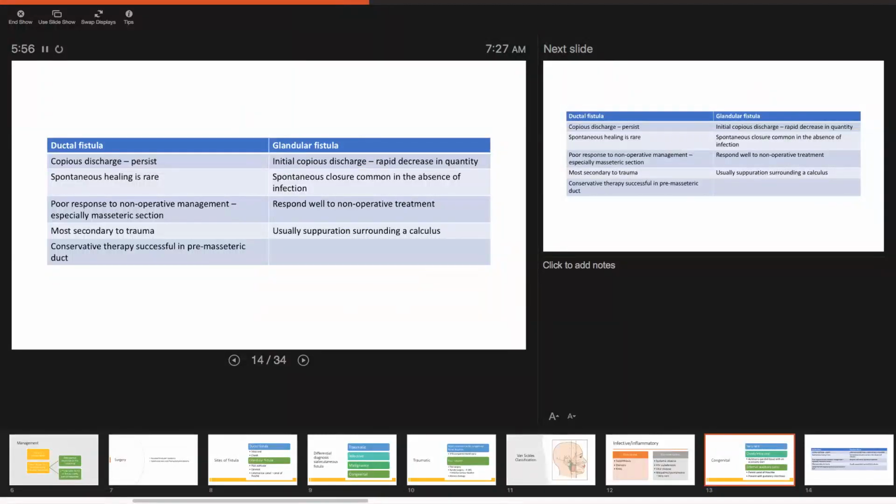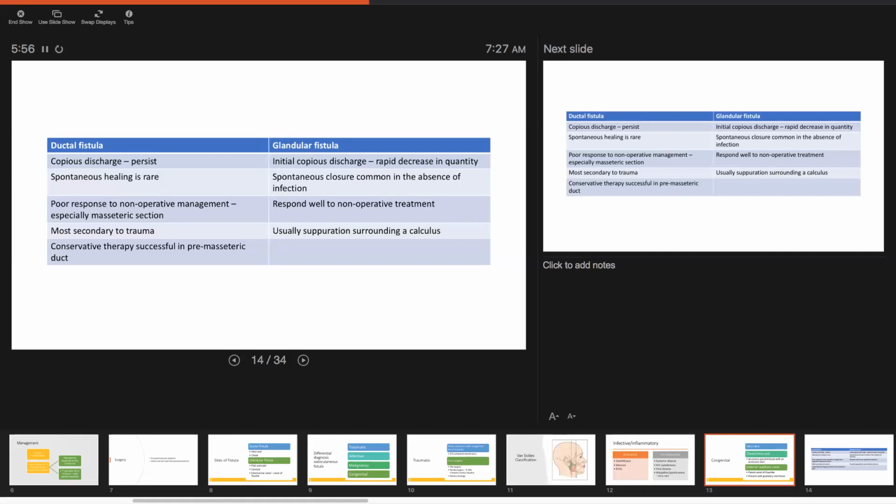Differences between ductal and glandular fistulas clinically: ductal usually has copious discharge that persists, and glandular fistulas usually have initial copious discharge and then rapidly decrease in quantity over time. Ductal usually don't heal spontaneously, whereas glandular usually, in the absence of infection, will heal.